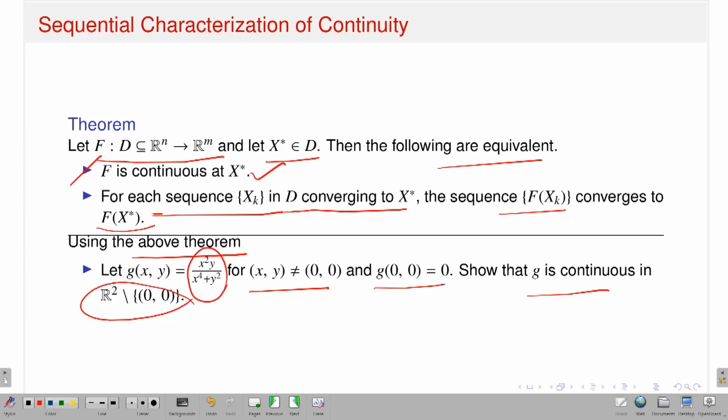On that set one can prove that it is a continuous function. Again, you can use any sequences. Take some point, take any sequence, and justify your argument that g of xn converges to the same value g of xy. So you can check it, you can prove the continuity of g using the above theorem.